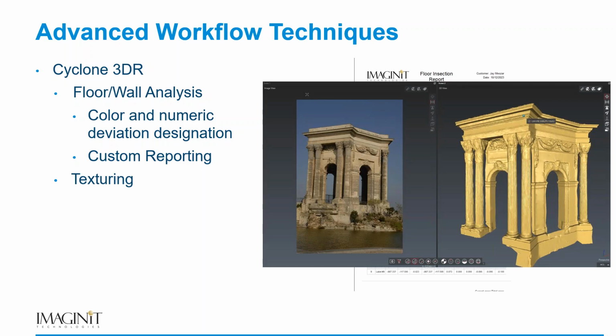The other thing that Cyclone 3DR does a really nice job of is just creating the mesh. As you can see on the screen on the right-hand side, that is the mesh that was created from that scan.